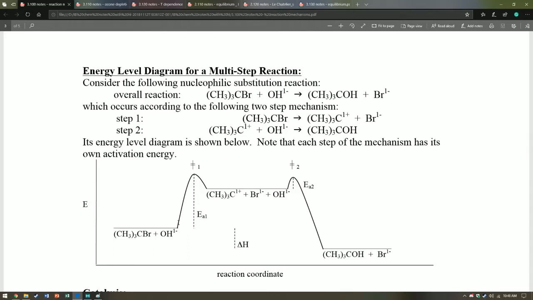When we do OChem, you'll actually become very familiar with this. But here we have the first step, which I just happen to know is slow, just because I know what that is. And then the second step here is fast. So the first step involves the formation of this cation and this anion, and then you have this OH bonding to this thing here, and you get a bromine.